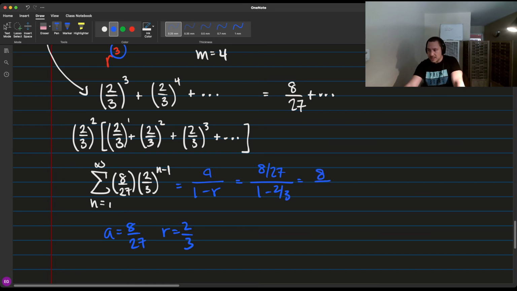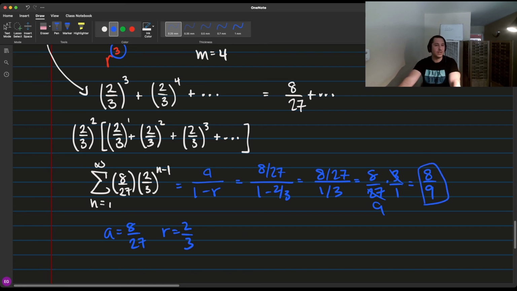So you get 8/27ths divided by, what's 1 minus 2/3? 1/3? Yeah. And then you get 8/27ths times the reciprocal of 1/3, which is 3 over 1, and then you get some canceling. The 3 and the 27 will leave you with 9 on the bottom, so you get 8/9.